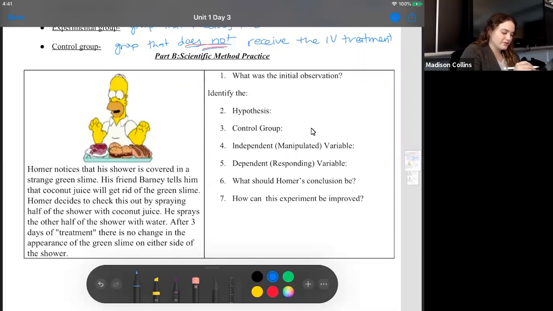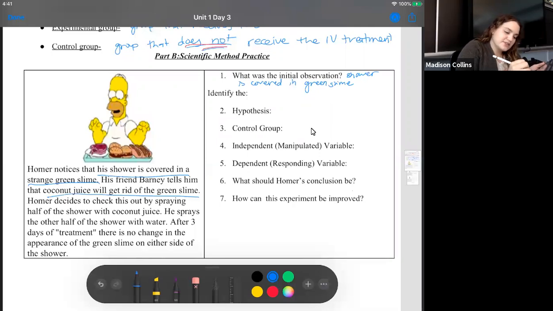Well, we read right here that his initial observation is that his shower is covered in a green slime. All right. So next up, we're told to identify the hypothesis. So what is Homer's hypothesis? Well, his friend Barney said that coconut juice will get rid of the green slime.